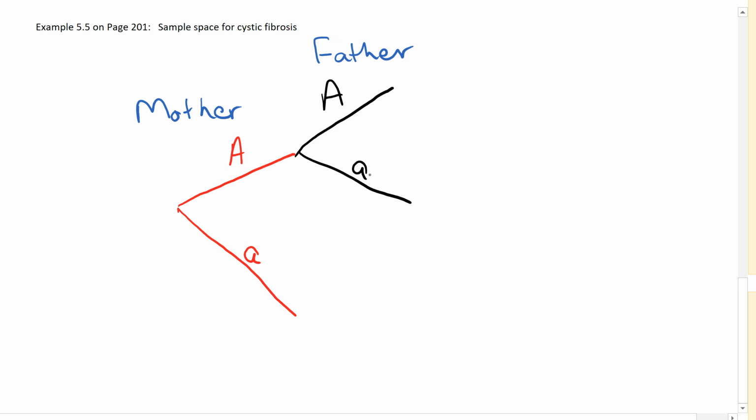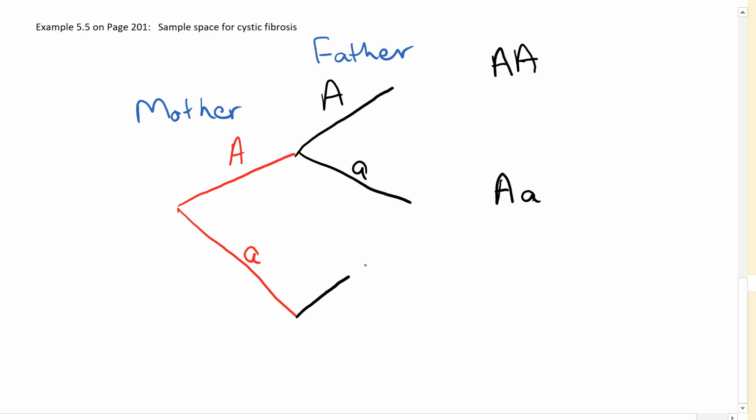So if you follow these branches, the child receives a dominant from the mother and a dominant from the father. This is one possibility. The child could also receive a dominant from the mother and a recessive from the father.